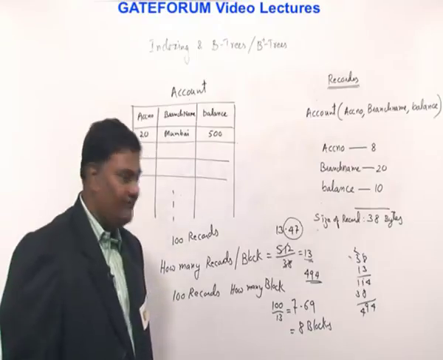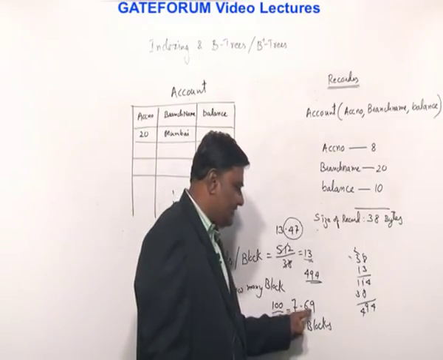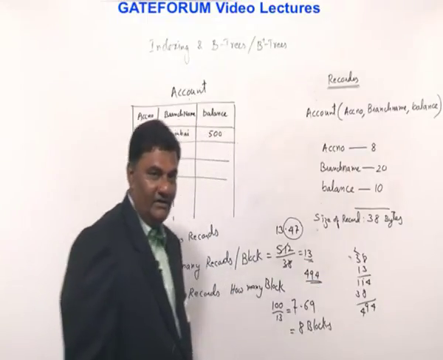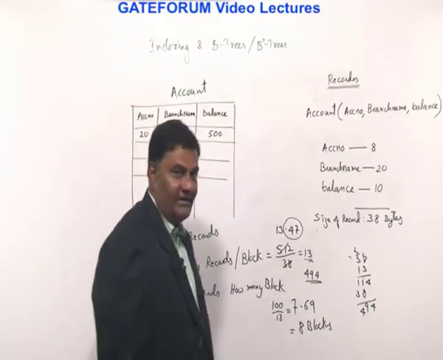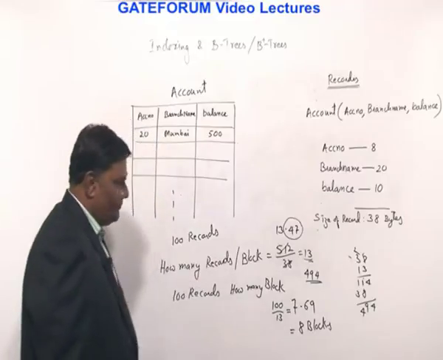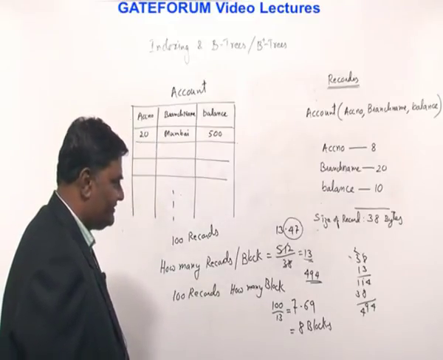See, the 8th block is not fully filled. Some space is left over still, so it will have fewer records, not all 13 records. This type of numericals are useful. This type of questions are important.